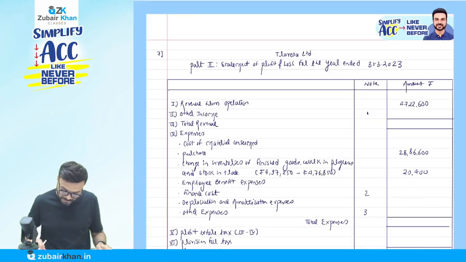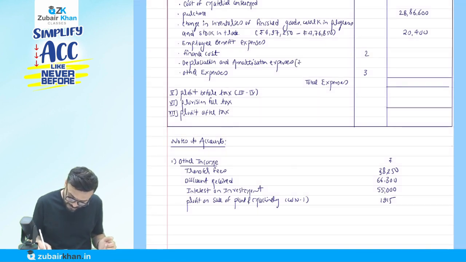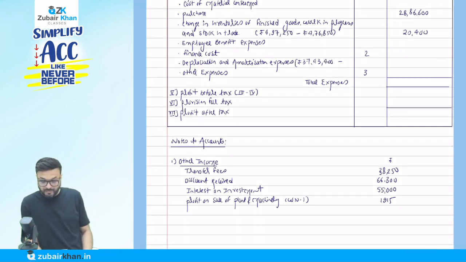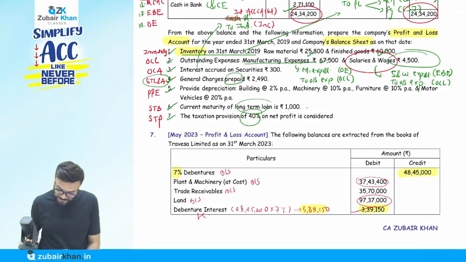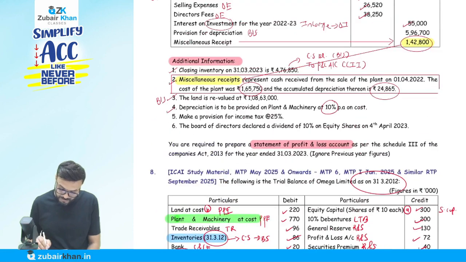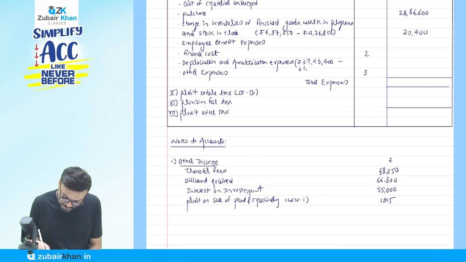So go to the P&L account and write down in the depreciation column. The original cost is 37 lakh 43,400, out of which we sold an asset costing 165,750.